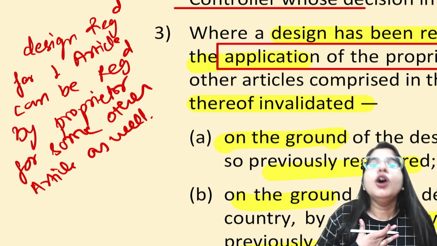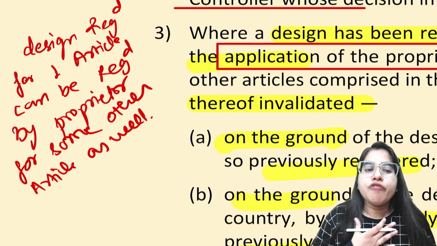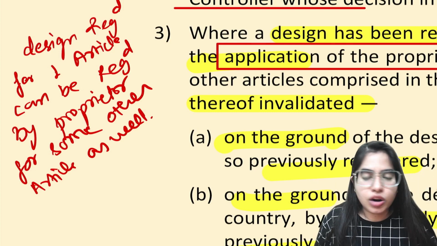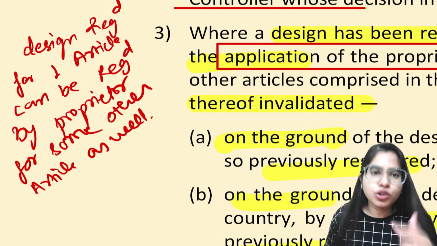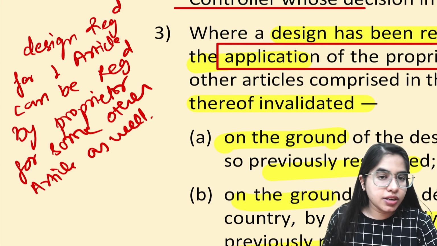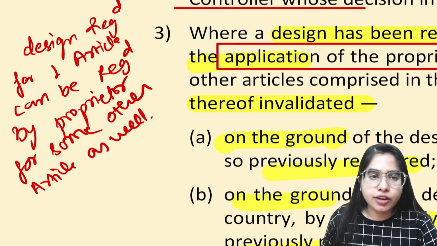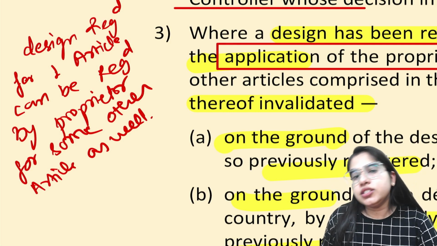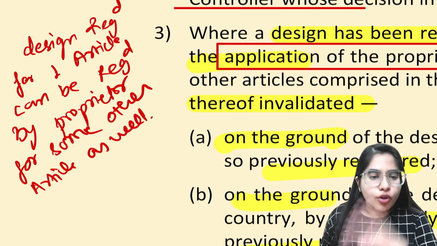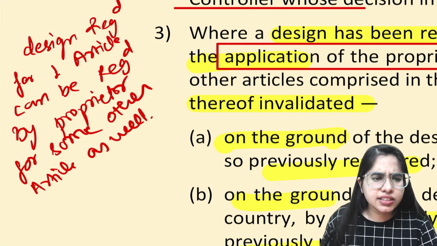Who can do that? The proprietor of the design. Proprietor means owner. If I made a unique design, Coca-Cola is the owner of the design of the Coca-Cola bottle. So now if Coca-Cola is the proprietor of the design, can Coca-Cola apply to the patent design office to register that same design for the water bottle also, or for any other bottle also?